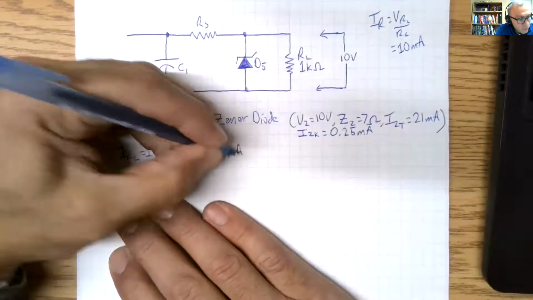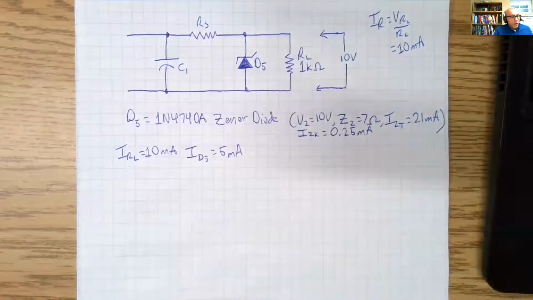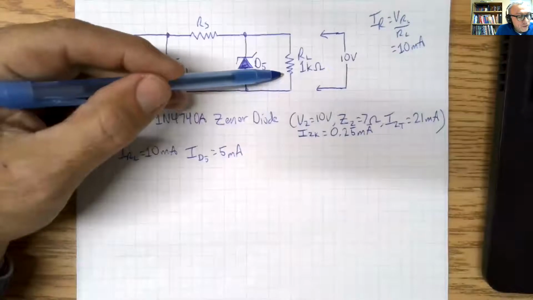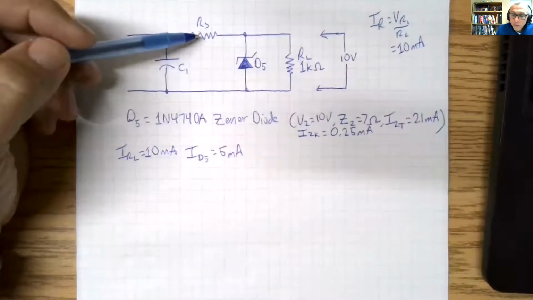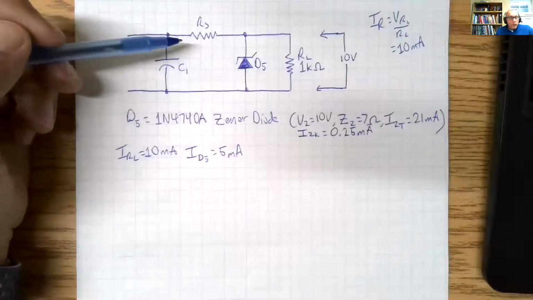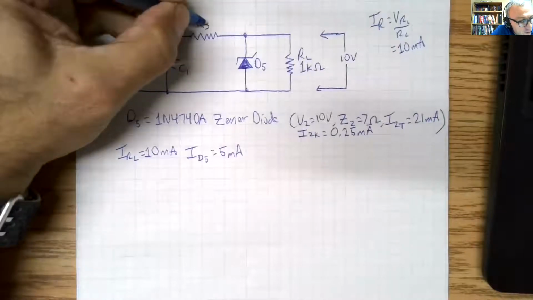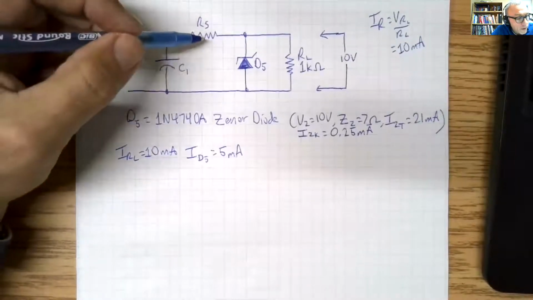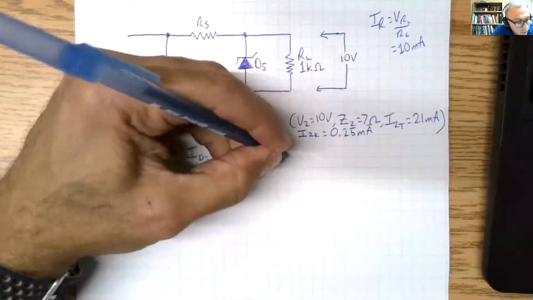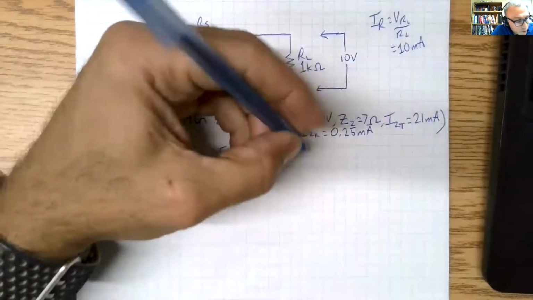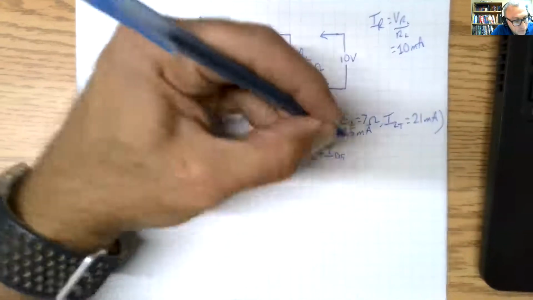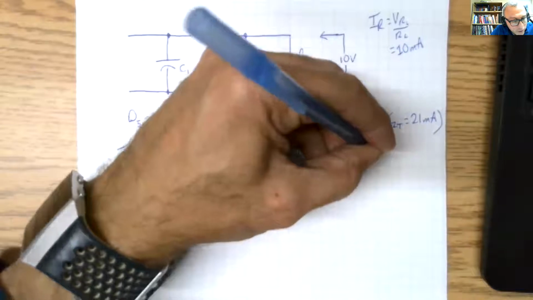So this current is 5, this current is 10, so the current going through IRS, the series resistor for the Zener diode, is going to be the sum of these two currents. It's going to be IRL plus the current of D5, which is going to be 15 milliamps.